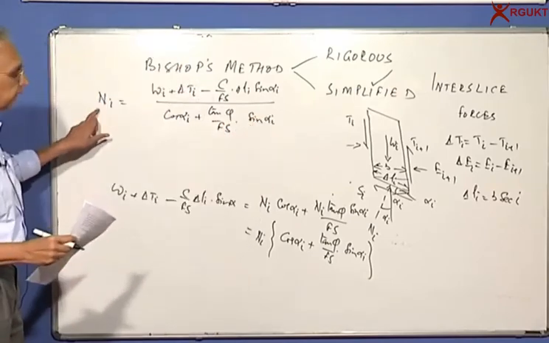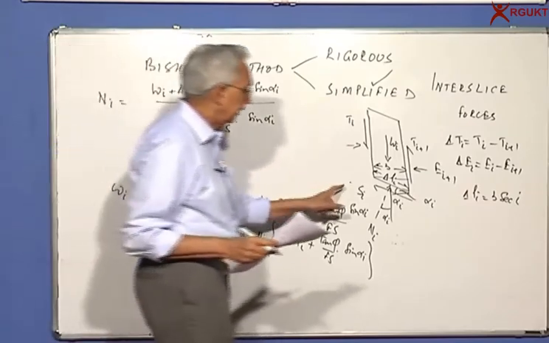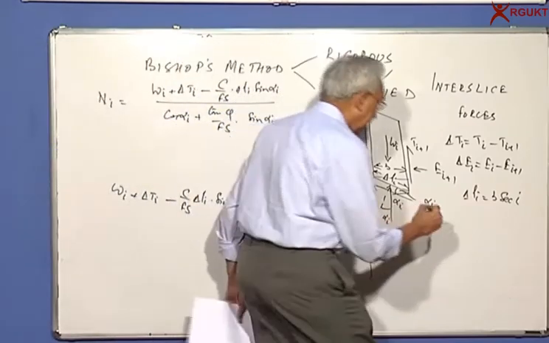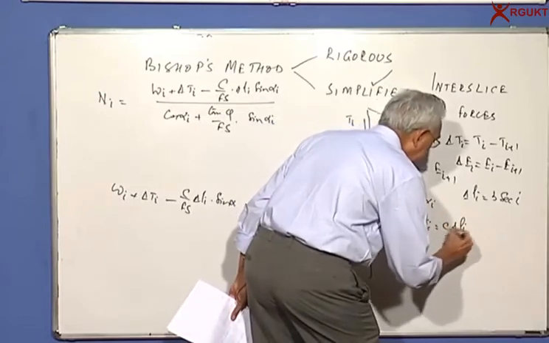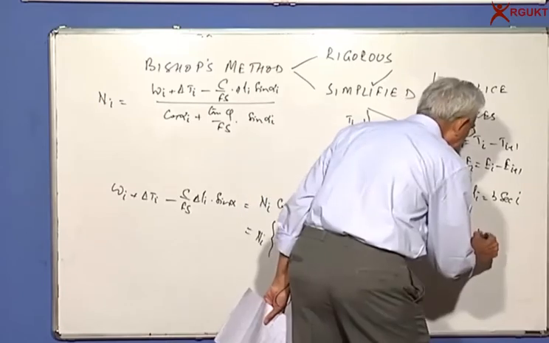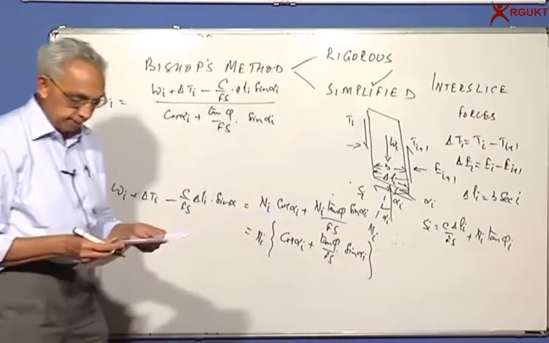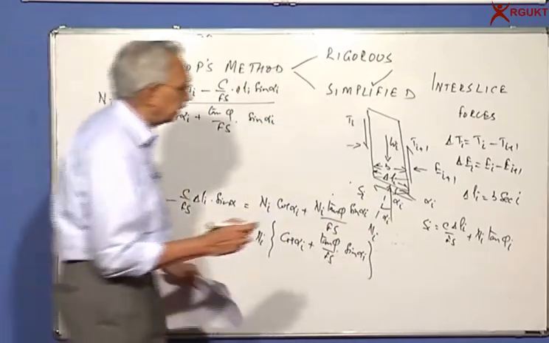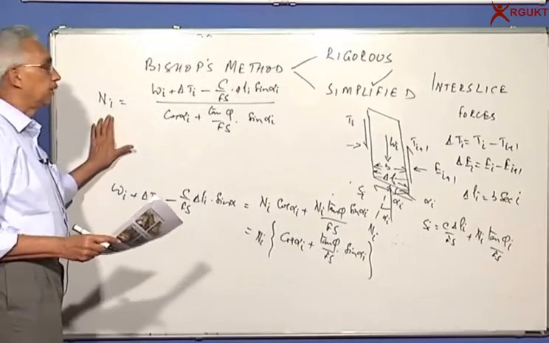So you know how to calculate Ni, and once you know Ni, we go back to this equation, get Si. Si is equal to C delta Li by factor of safety plus Ni tan phi by factor of safety. That's how we wrote the strength mobilized. So here there is another factor of safety. This is how you determine the normal component.